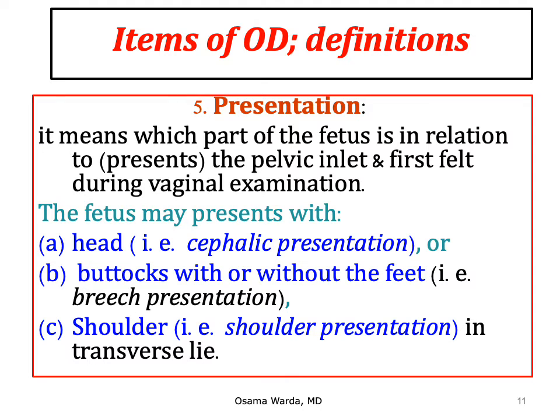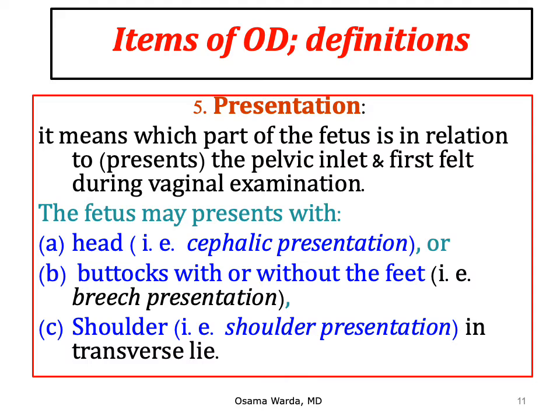This is complete flexion. Unlike cephalic presentation, where the complete flexion attitude of the head is the most common presentation, which is the vertex presentation, in breech, complete flexion is not the common one. Okay, you should remember that.